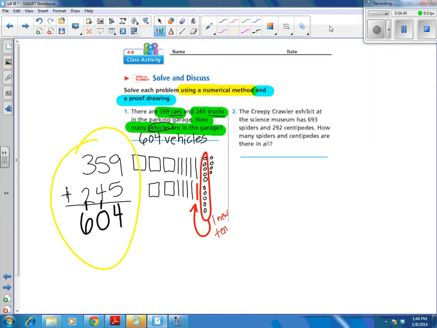I'm noticing there's a lot of 10 sticks here. Let's count how many. 10, 20, 30, 40, 50, 60, 70, 80, 90. Oh, 100. There are 10 10 sticks. When there's 10 sticks, I can trade that in. I can take all of these because 10 sticks equals 100.